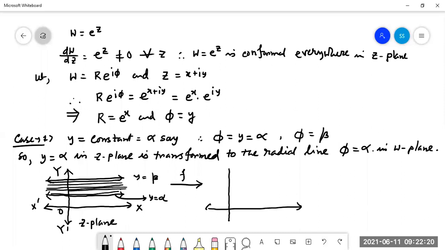In the w plane, obviously it is u dash, it is v dash, it is 0. So this makes an angle alpha. This is the angle alpha. And if we take another angle, that is beta.